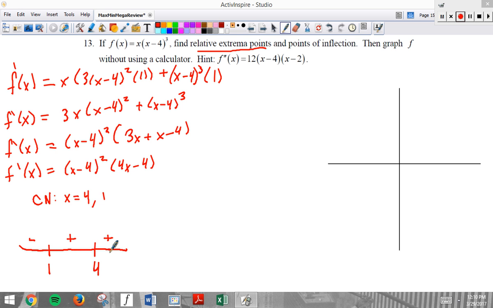If it does make sense to you, if that's too quick, that's fine. So rel min at 1 comma, back into the original function, negative 3 cubed, negative 27. Ooh. Okay, the possible points of inflection, staring at this, would be x equals 4 and 2.